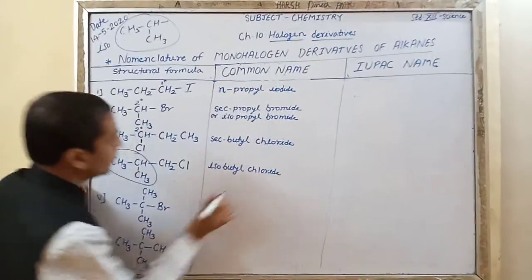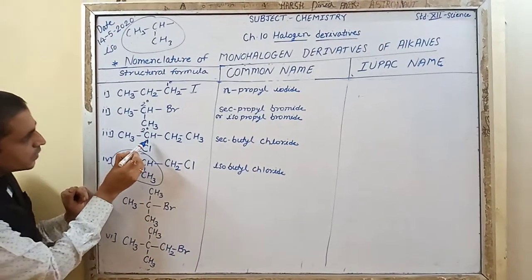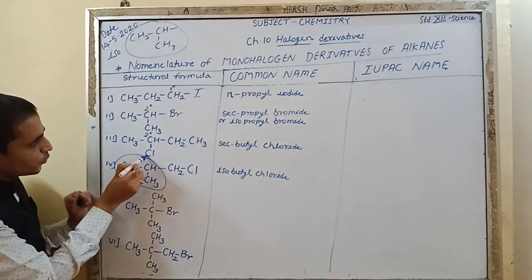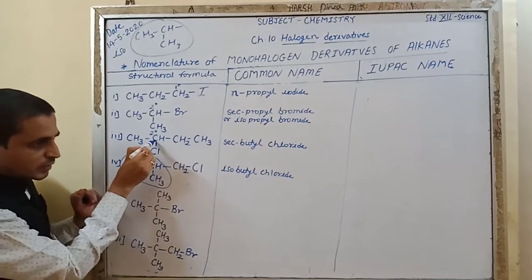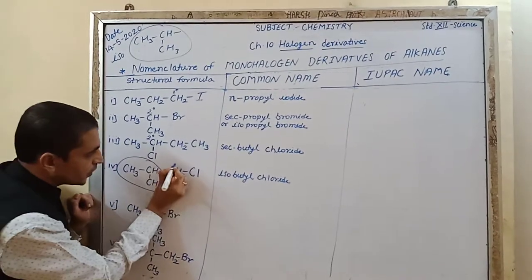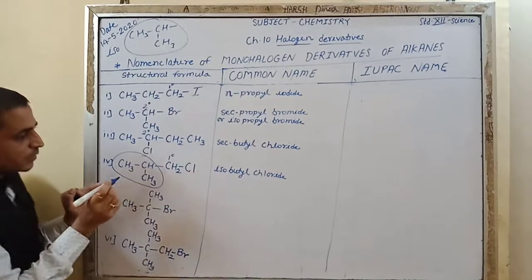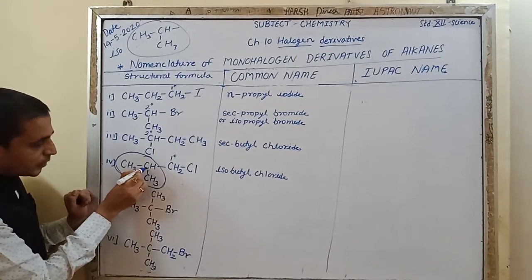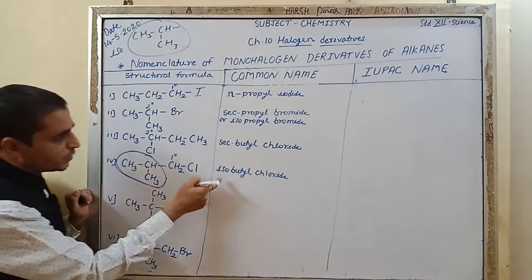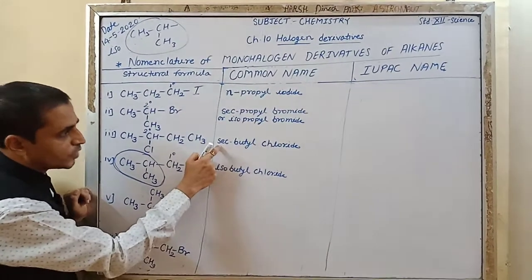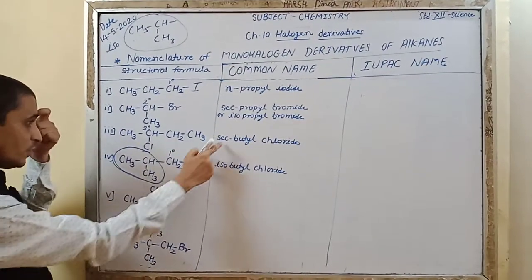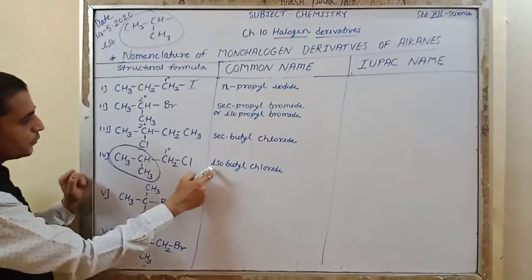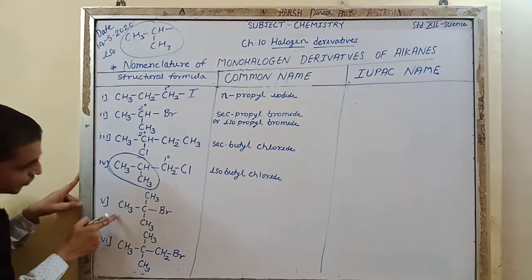See the difference. In secondary butyl chloride, halogen atom chlorine is attached to secondary carbon atom, and here chlorine atom is attached to primary carbon atom, but it shows iso position because to the second carbon atom methyl group is attached. So its name is isobutyl chloride. Secondary butyl chloride and isobutyl chloride, they are different.